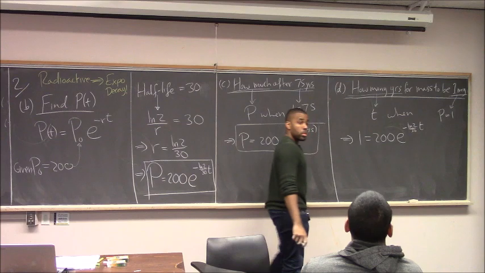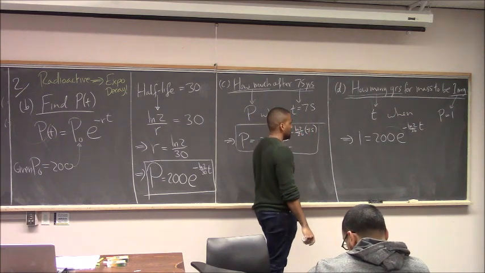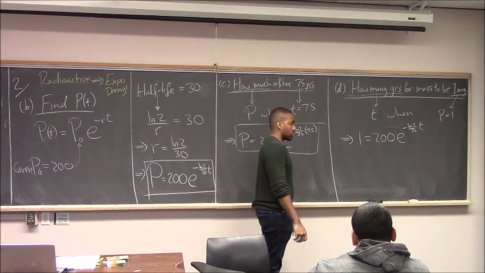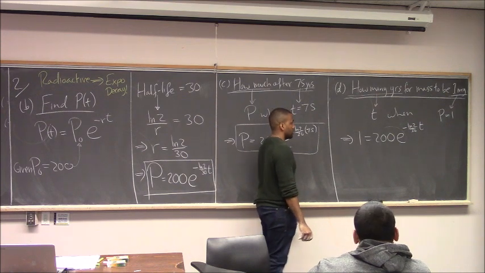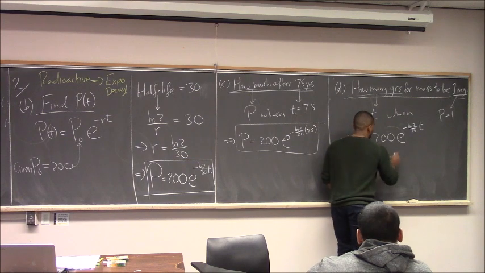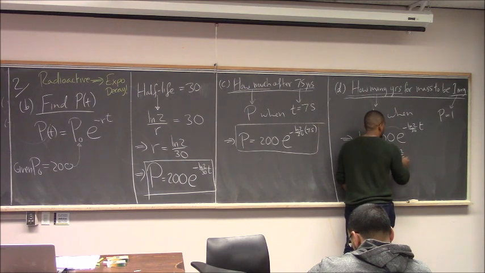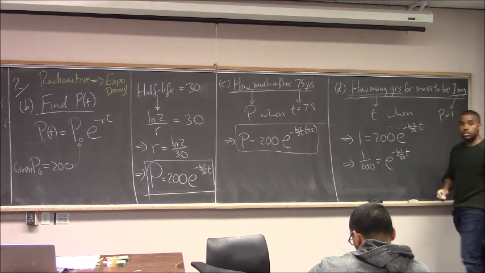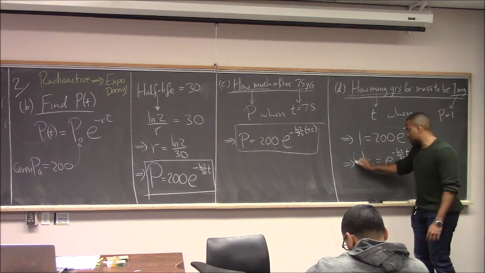How would I solve for time? Okay, so first divide by 200. Then what? ln both sides, get rid of the exponential.